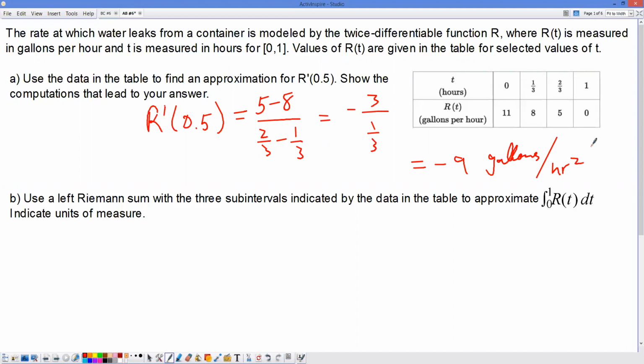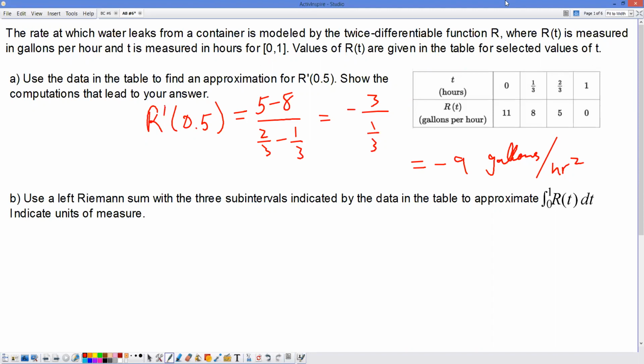Any questions on that one? Everybody's good there? RFA, I'm not using the mean value theorem at all.